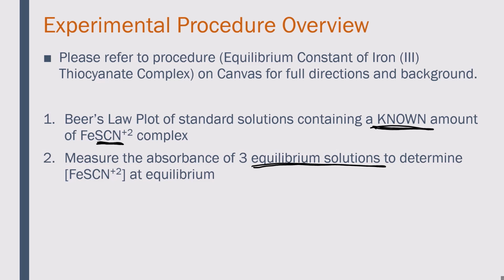Whereas in the standard solutions, there is usually a couple hundred to 1,000-fold more iron. In the equilibrium solutions, they're going to be much closer. Like you might have 5 millimolar iron and 3 millimolar of the thiocyanate. And therefore, they're actually at equilibrium, and there's no way of just knowing how much iron thiocyanate complex there is.